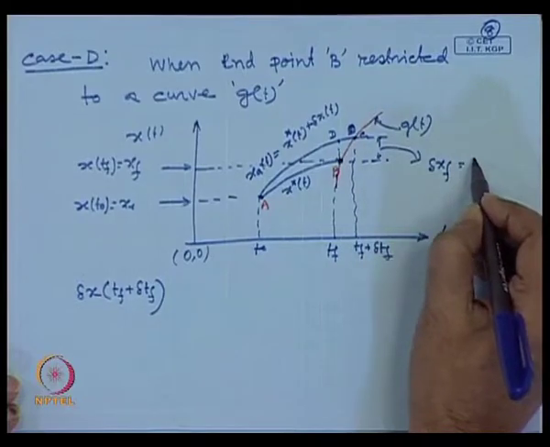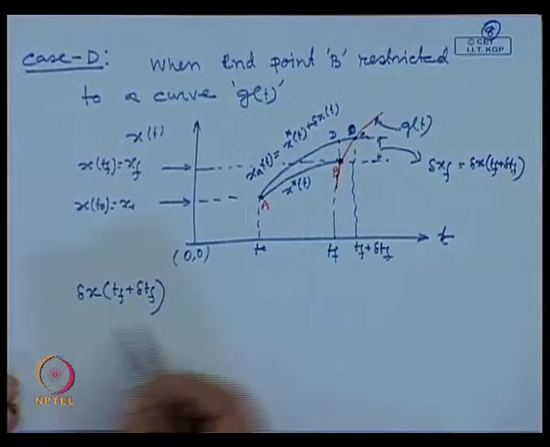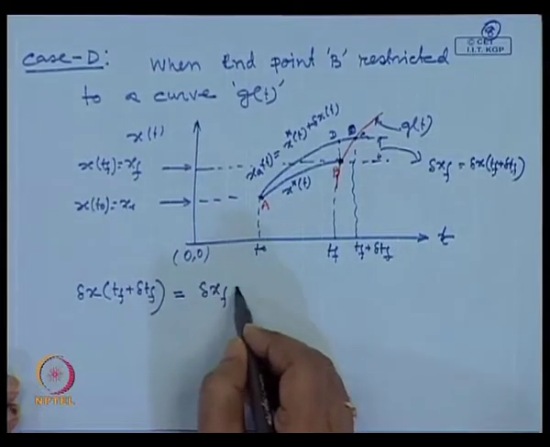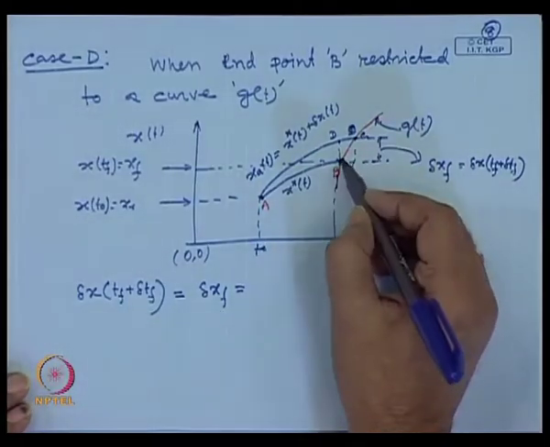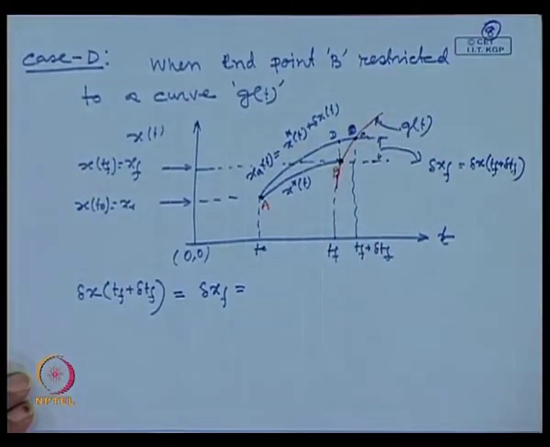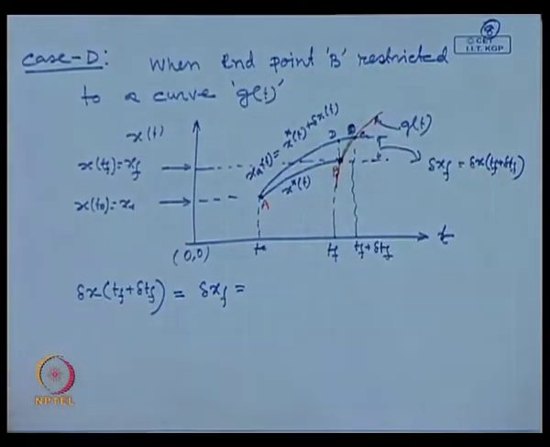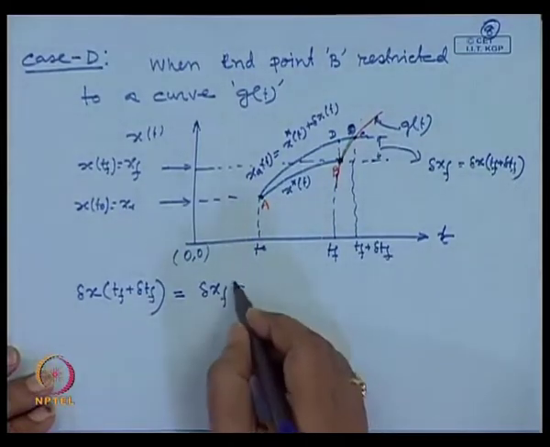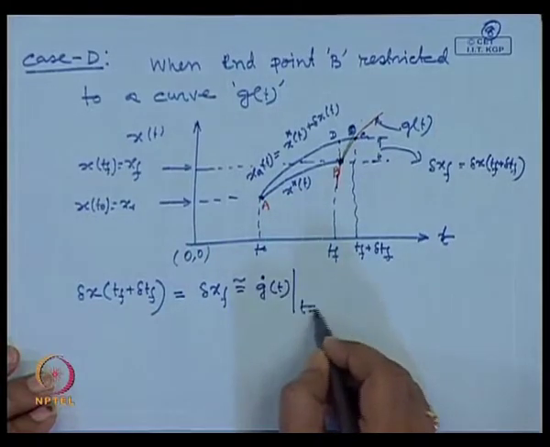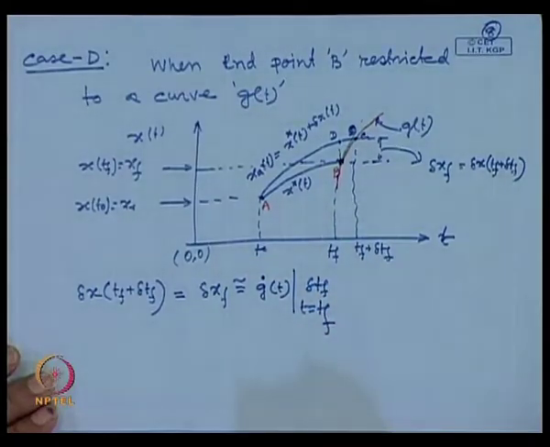Taking a tangent to g of t at point B, this is nearly equal to g dot of t evaluated at t equal to T f, multiplied by delta T f.